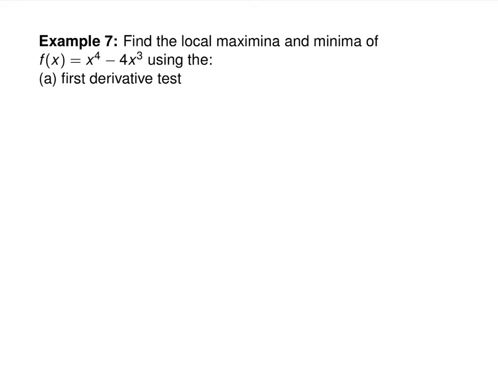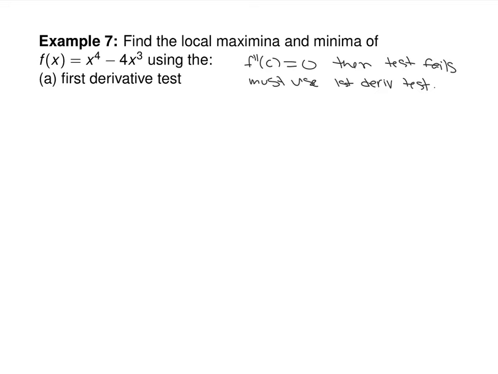And one thing that I forgot to add is that if the second derivative is equal to 0, then the test fails. And then you must use the first derivative test. The first derivative test is where we use the number line and see, did the first derivative change from positive to negative? Or from negative to positive?